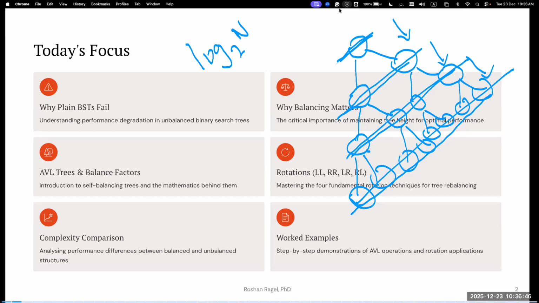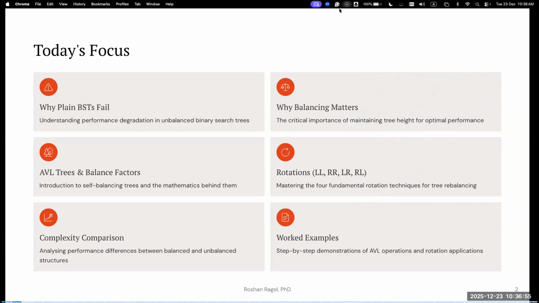So the search complexity is log 2 n, but it's not always true. And we know this same tree can also be a worst-case binary search tree where all these 15 items can be just on one side or the other, which is the worst case. So this is why we are talking about a balanced tree, and we are talking about the AVL tree as the balanced tree here.